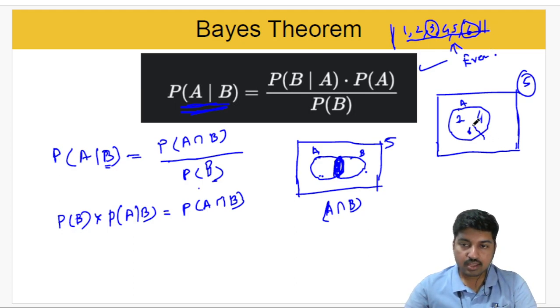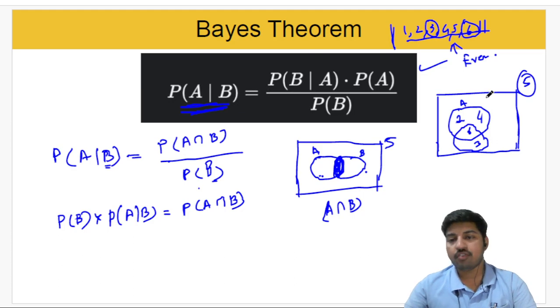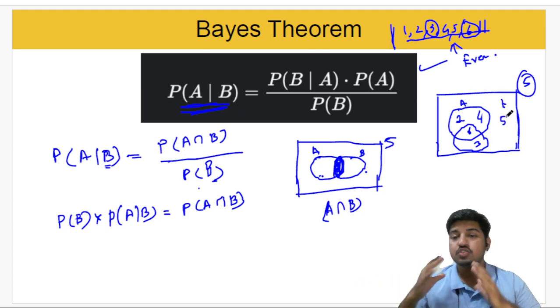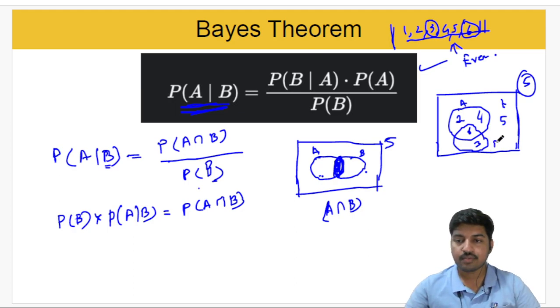So I will draw another circle here, with 3 and 6. Are you able to see this diagram? So it is 2, 4, 6, 3. What is remaining? 1 and 5. So that will be here. This is the visualization part.